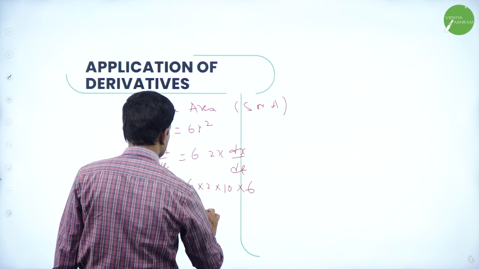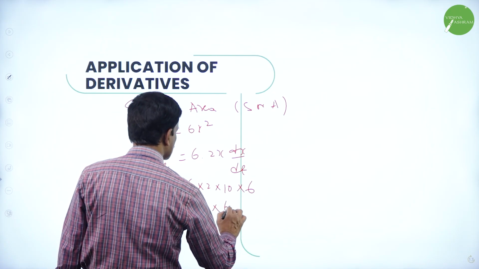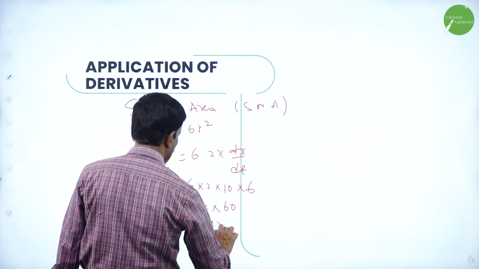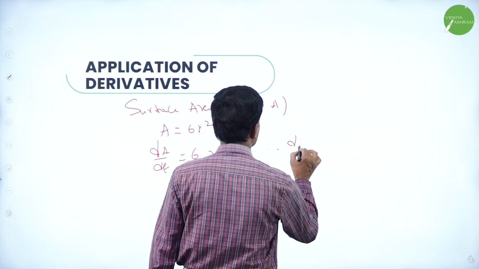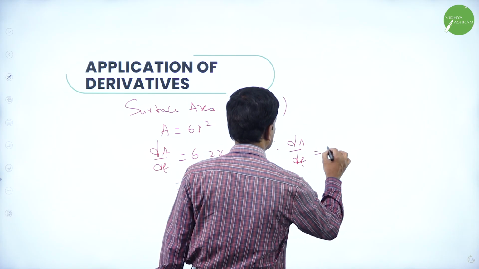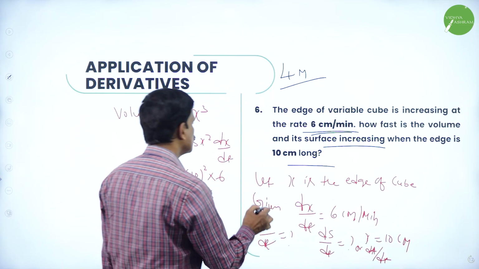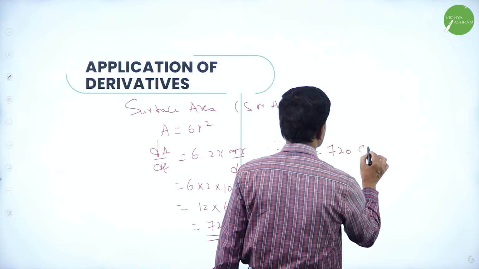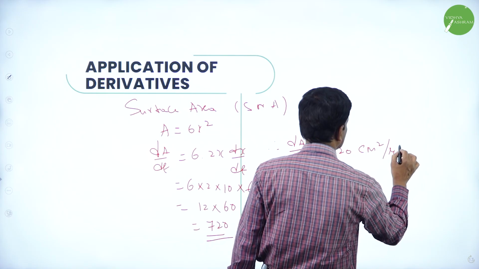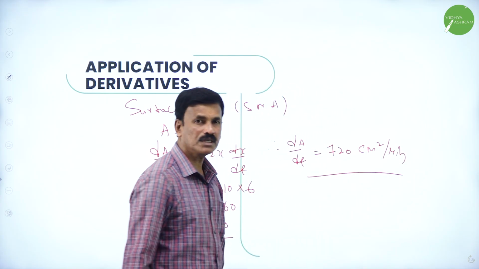So 6 2s are 12 into 10 into 6 is 60, that is 720. So dA by dt, the rate of change of surface area, is 720 centimeters square per minute. That's it.